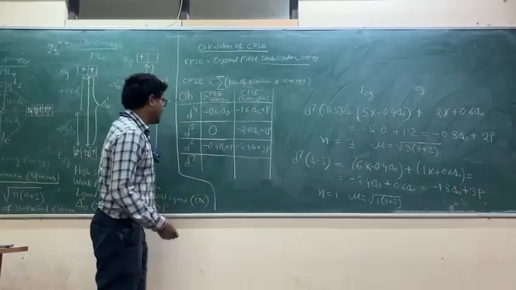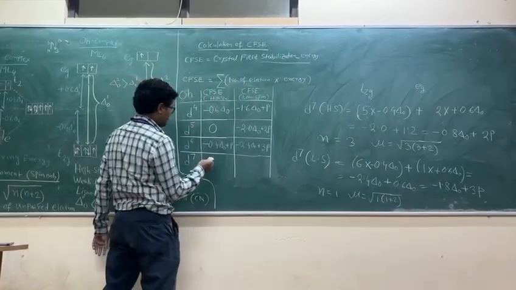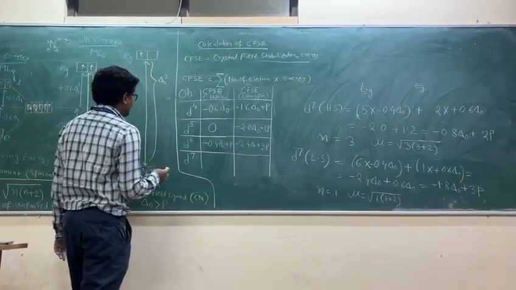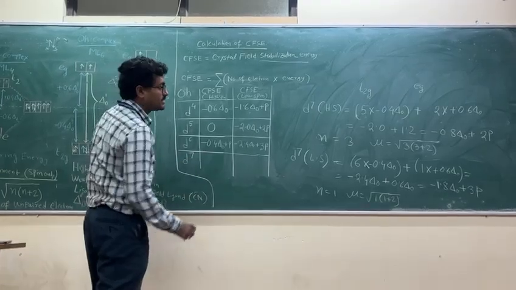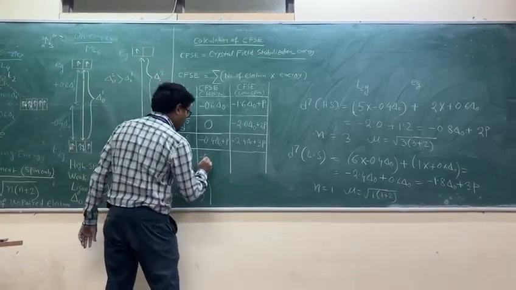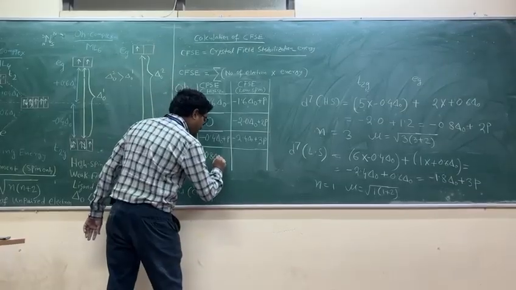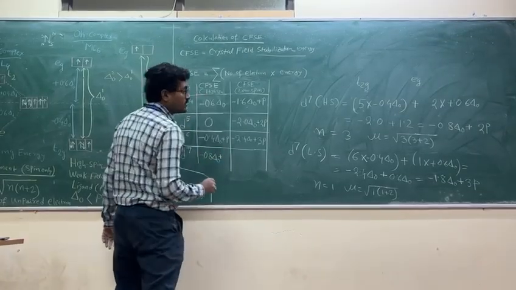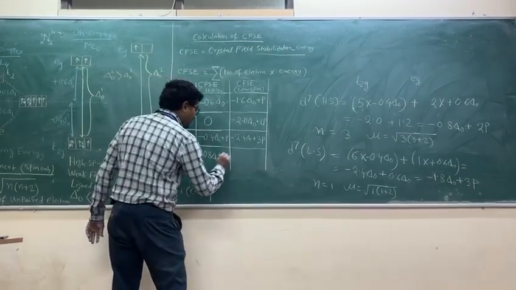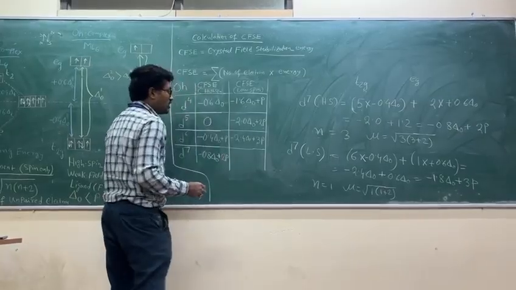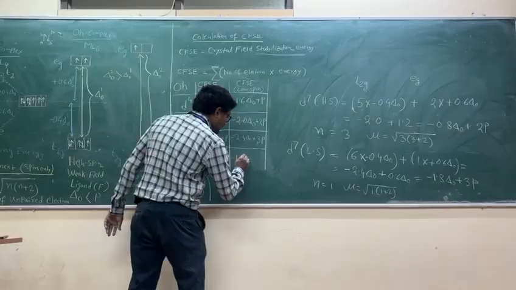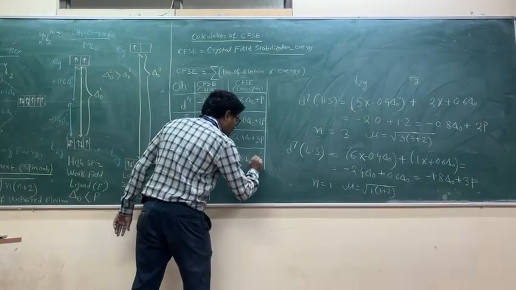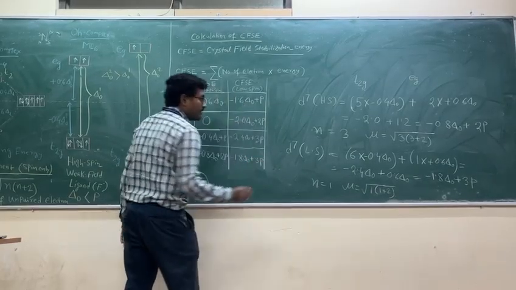So for d7, the value we are getting for the high spin complex is minus 0.8 delta O plus 2P, 2 pairings, and for the low spin complex we are getting minus 1.8 delta O plus 3 pairings, right?